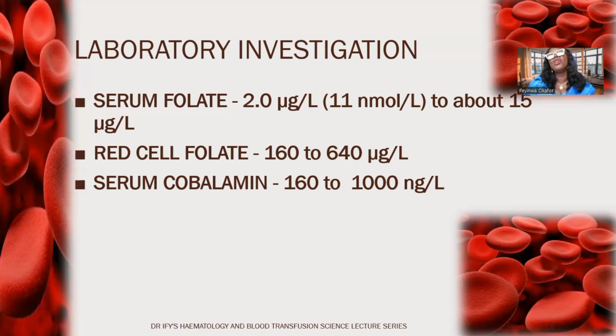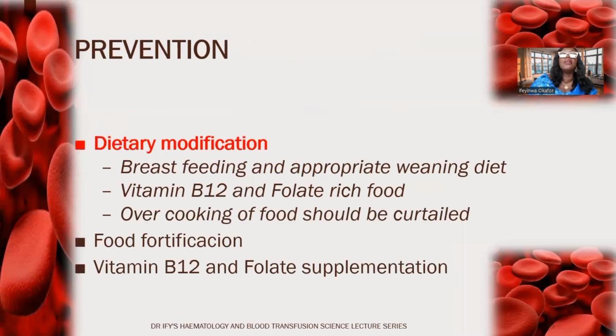Then we go further to do confirmatory tests like the Schilling test, Lieberman test, homocysteine assay, methylmalonic acid assay, and formiminoglutamic acid excretion assay, to know whether it is folate or B12, depending on what the doctor is suspecting.